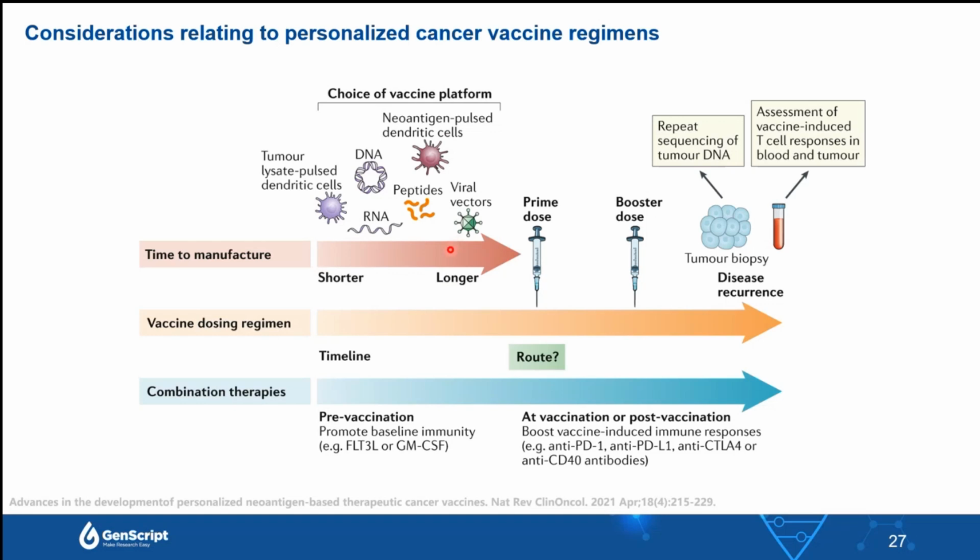So the time of manufacture is very important to be evaluated, and also the vaccine dose, like do you need a booster dose, or after the disease recurrence, whether you still need one more dose, stuff like that. So vaccine dose is another consideration.